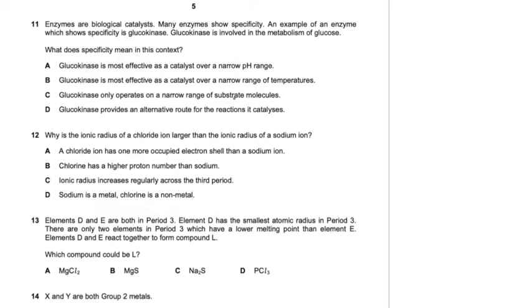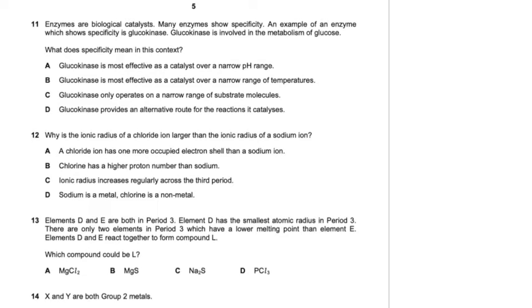Enzymes are biological catalysts. Many enzymes show specificity. An example of an enzyme which shows specificity is glucokinase. Glucokinase is involved in the metabolism of glucose. If you studied biology in grade 10 or grade 11, you must know that there is a lock and key model for enzymes.